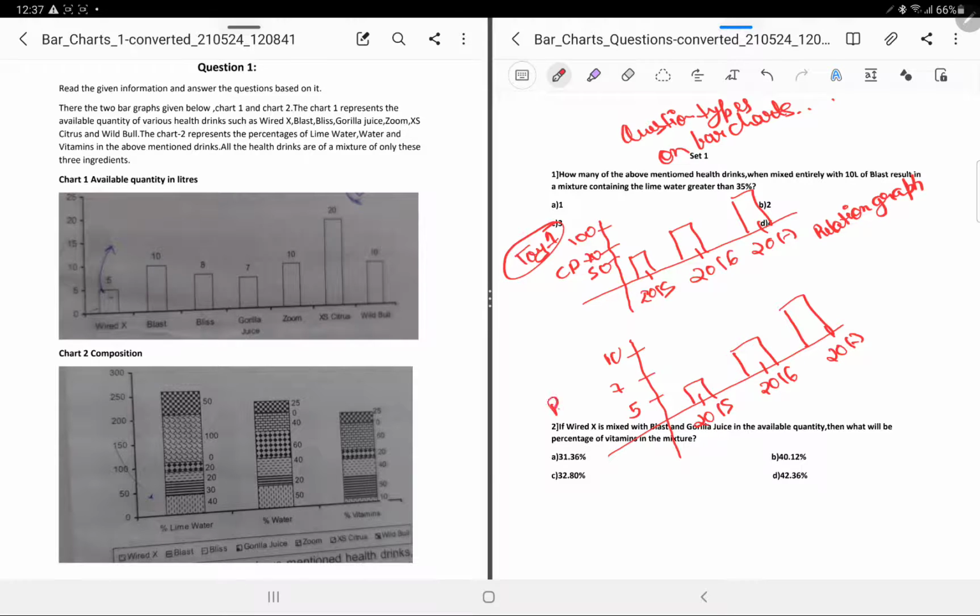This is the profit that you had while selling this article. So you can clearly see that these two graphs are related to one another. How are they related? If you add the cost price of 2015 with the profit of 2015, you'll of course end up getting the selling price of 2015.